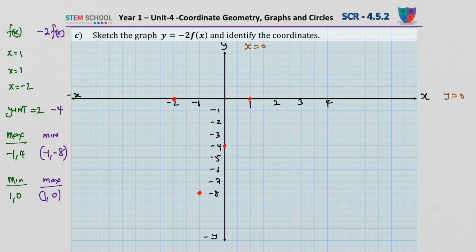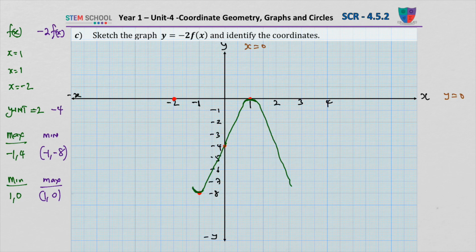So to sketch the curve, this is the new maximum. So we could just sketch that like that. And that's the new minimum. So we just sketch that like that. And this one is going to go through minus 4 to meet the maximum there. And that maximum will just go all the way.